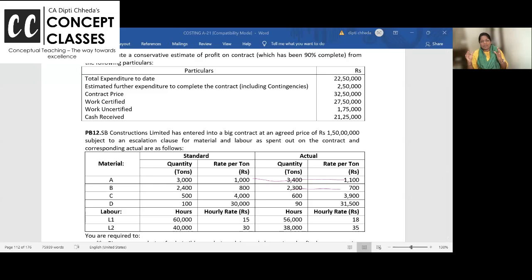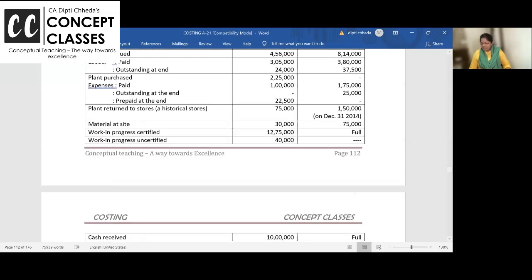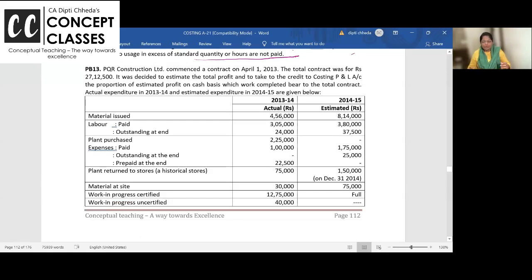But if the contract is going on from March to the next September, can you make the total contract from April to next September? Yes, it is possible. So let us see how to do this type of question.